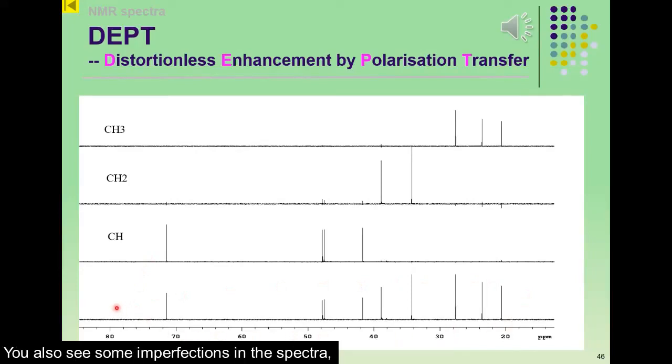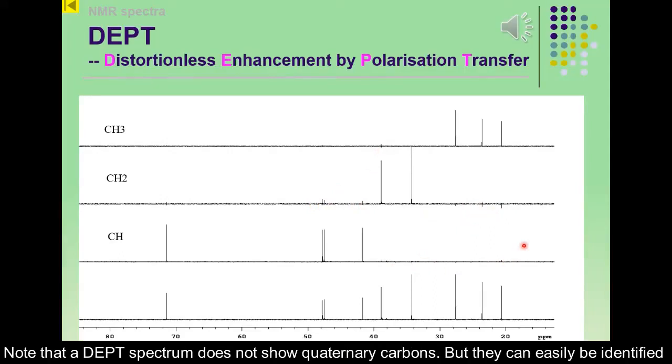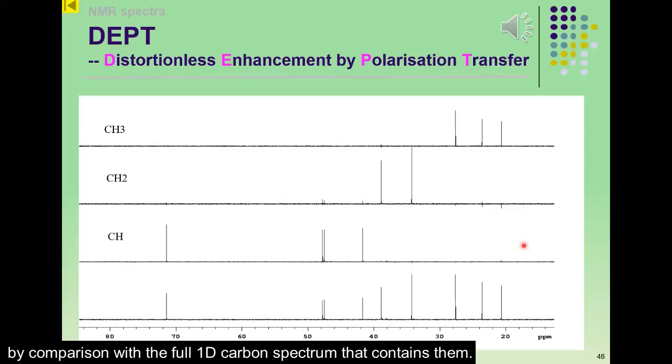You also see some imperfection in the spectra, which are due to imperfect pulse width calibrated for the experiment. Note that a DEPT spectrum does not show quaternary carbons, but they can easily be identified by a comparison with a full 1D carbon spectrum that contains them.